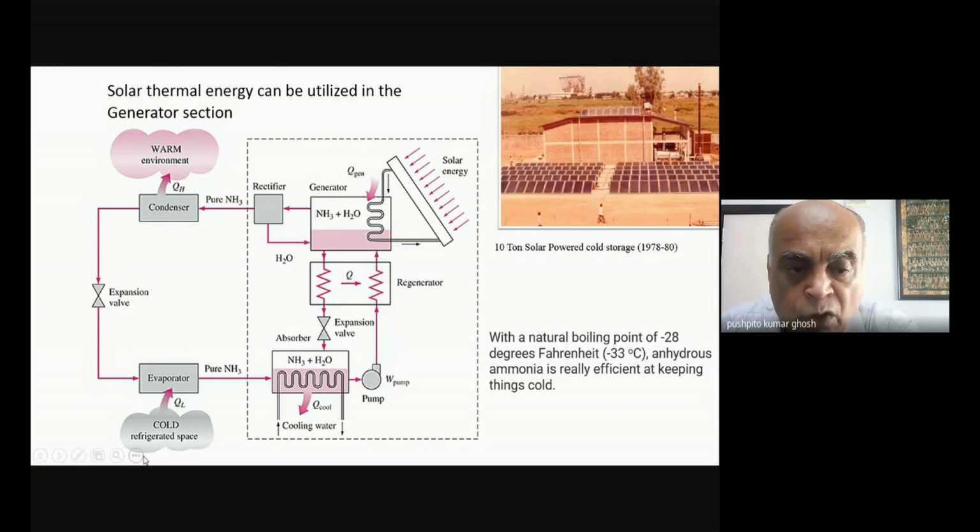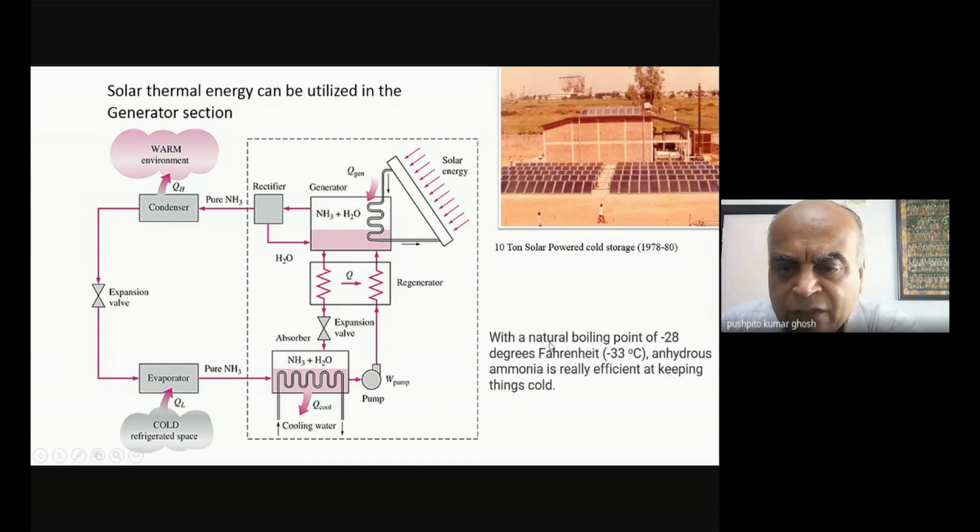Okay, so you need something which will obviously take away the heat from here. What you need is something, let's say this is a liquid, and this liquid is ammonia.